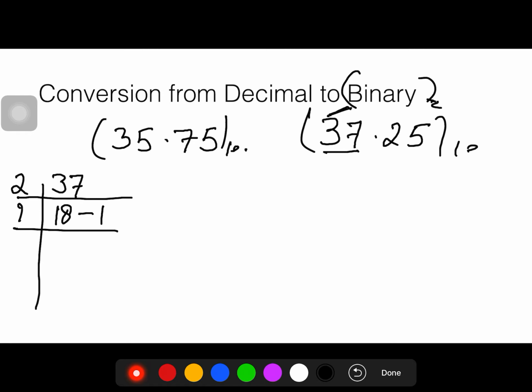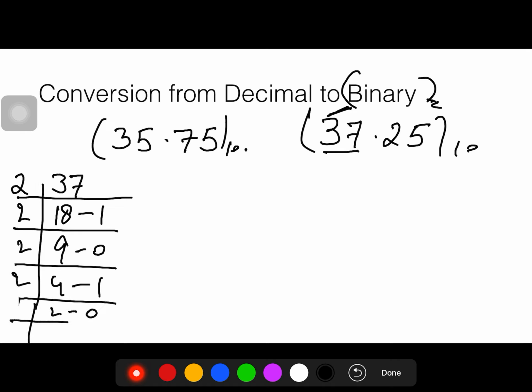The remainders are 1, 0, 1, 0, 0, and then 1 last. What is the answer? 100101. This is the answer for the integral part.